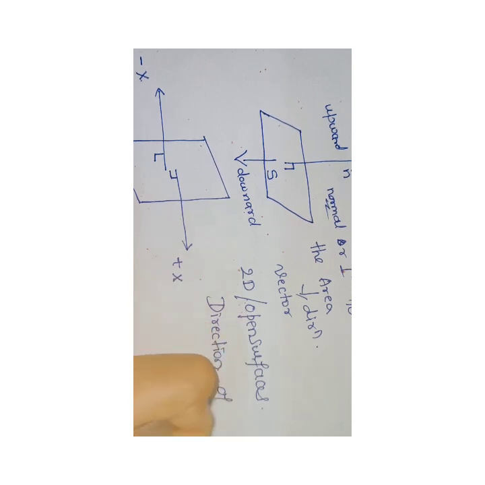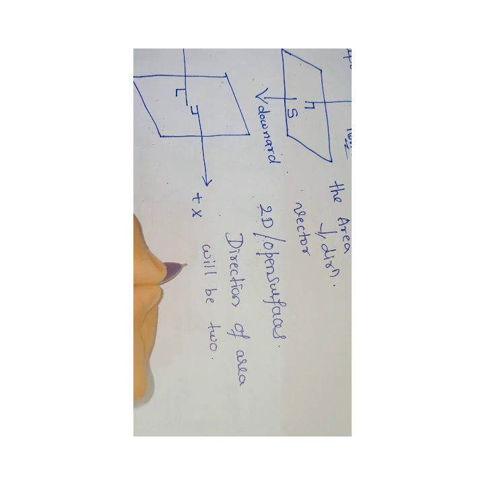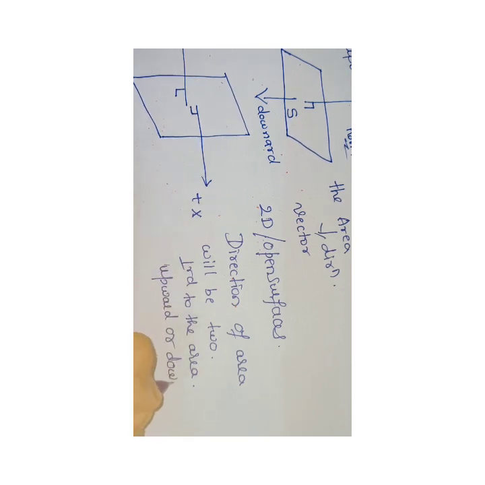So for open surfaces, how will the direction of area be? The direction of area will be two-fold. How? Nothing but perpendicular to the surface, perpendicular to the area. Either it might be upward or downward. If you are taking downward direction, you have to put a negative sign there.